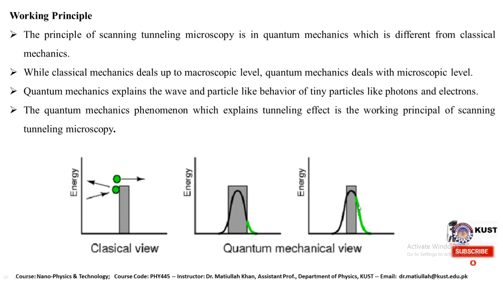So the scanning tunneling microscope is based on the quantum mechanical approach, and unlike classical mechanics, it deals with the microscopic levels. So we need to discuss the wave nature of the particle, and the wave associated with the moving particle.